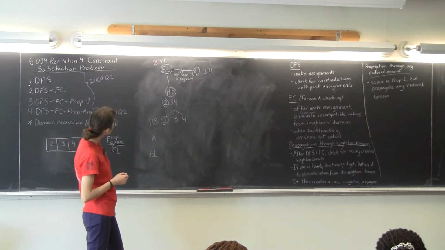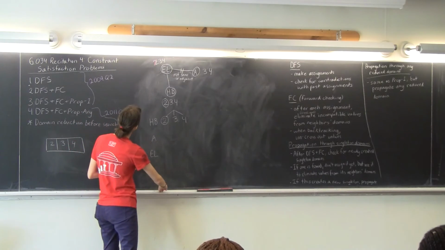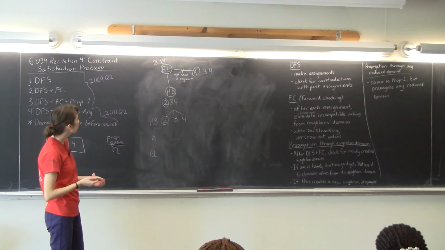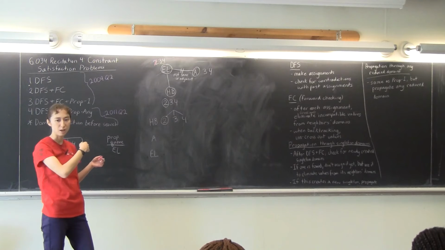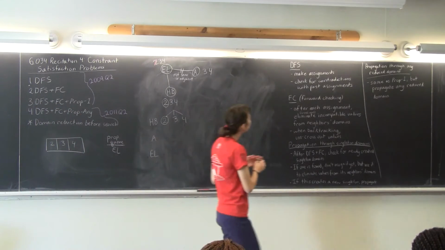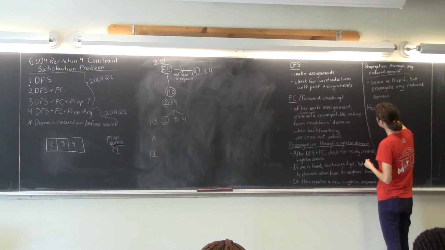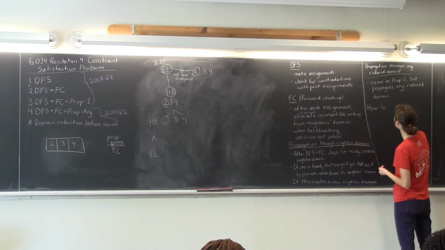So now the way that we're going to propagate through the evil lion is we're going to say, given that the evil lion can only be in 3 or 4, what values in its neighbors are incompatible with all of the evil lion's options? So I'll write that over here. How to propagate a variable. This is the same procedure we followed for propagation through singletons, except that it was simpler there.